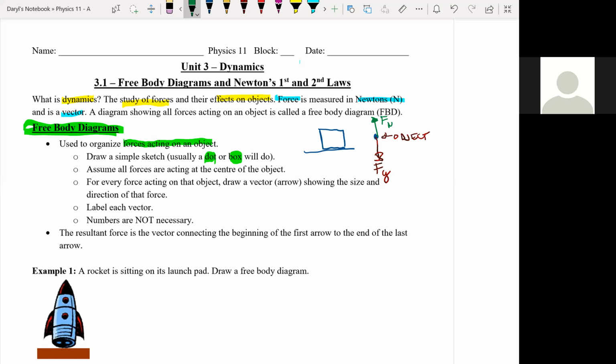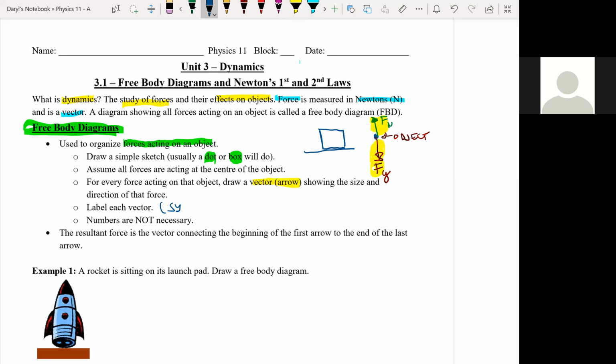We will make an assumption that all the forces are acting on the center of the object. For every force acting on that object, draw a vector arrow. It's just a straight line showing the size and direction of that force. And label it. You can use symbols for this.